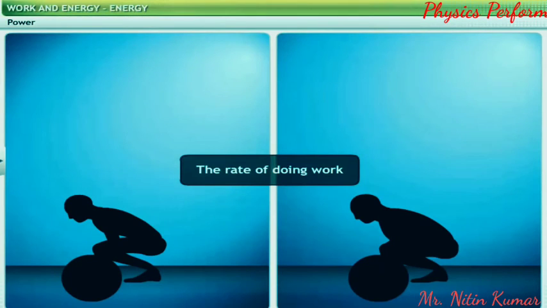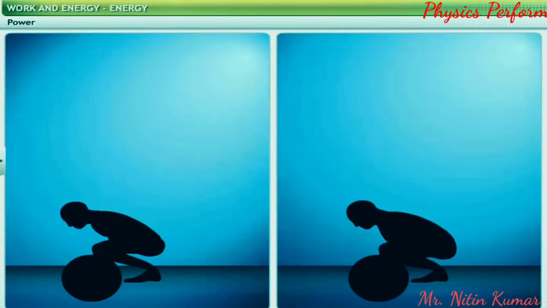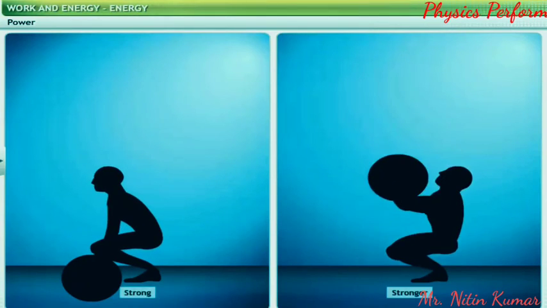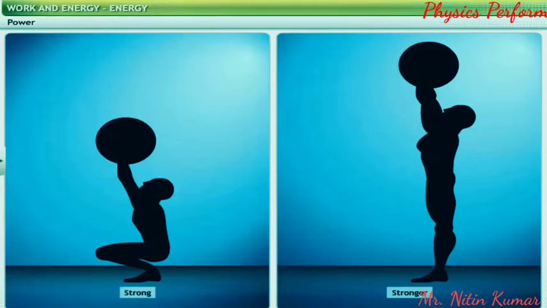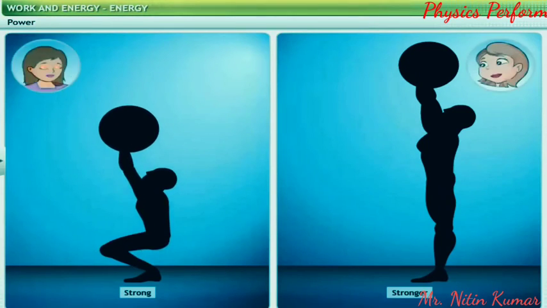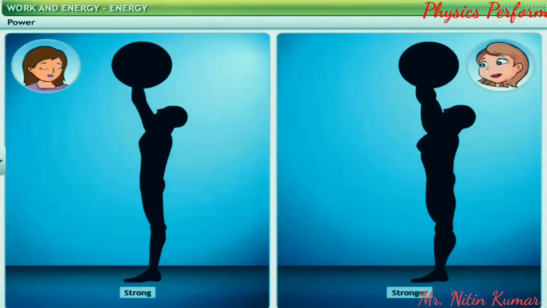Let's look at another aspect of energy used to do work, the rate of doing work. Consider these two weightlifters who are of the same height and will be lifting up equal weights. The first weightlifter is struggling with the weight, but the second one seems to have no problems.